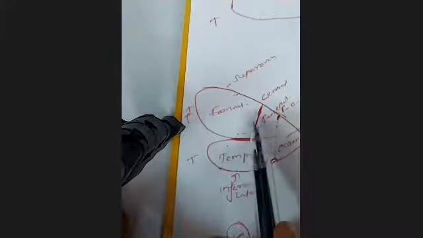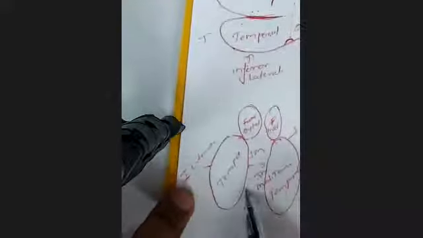Then there is parieto-occipital sulcus, which is on the medial surface, appearing on the superolateral surface. From the preoccipital notch, we draw an imaginary line behind which is occipital lobe. Behind central sulcus is parietal lobe up to the imaginary line. Ahead of central sulcus is frontal lobe. Below the lateral sulcus is temporal lobe. This is superior border. This is inferolateral border. This is inferomedial border.